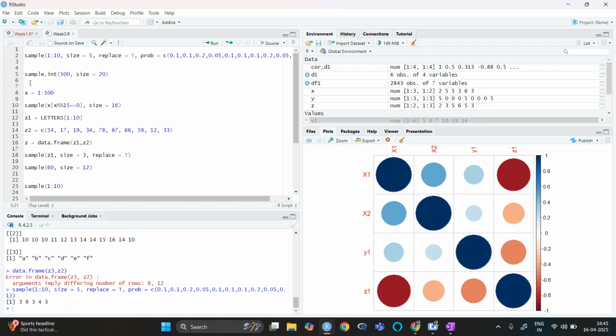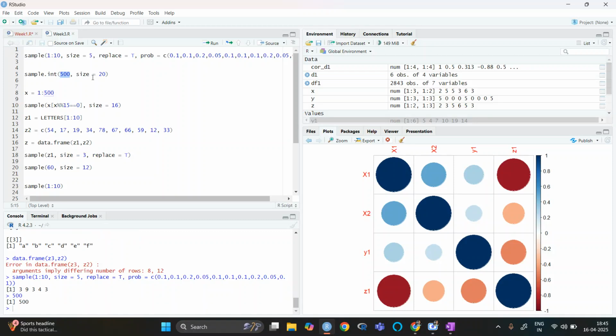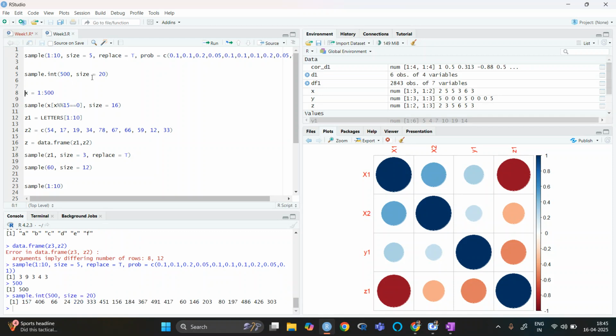Then this is sample.int. All you need to give here, rather than 1 to 10, is 500. So it is going to choose between 1 and 500, and the size is 20. You can see that it is going to take a sample of size 20 with any values.